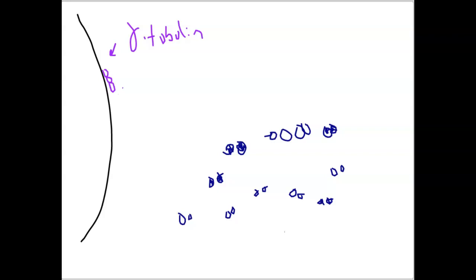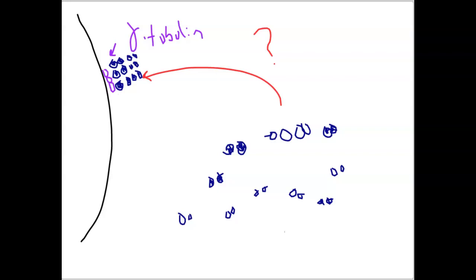Now, of these, which are going to readily and stably interact with gamma tubulin and begin to form a true microtubule? Well, it's the tubulin dimers that are bound to GTP. They will readily bind here because that's what they like to do. They're stably found in these microtubules. That's where they like to be.